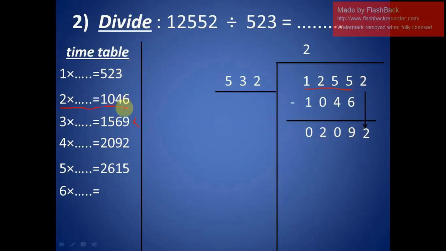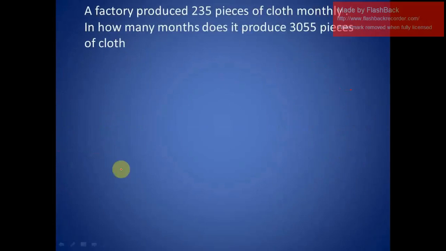Search in the table for this number. Yes, we got it. 4, write it up. Second number, write it under the dividend exactly and subtract. We will finish the division. We go to another exercise.